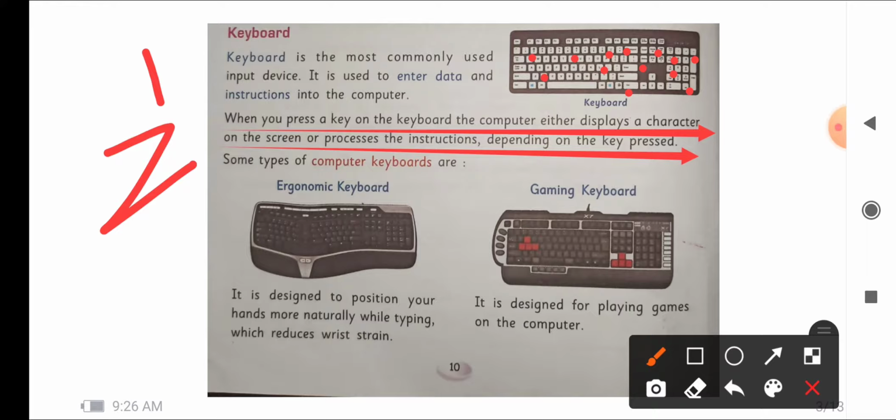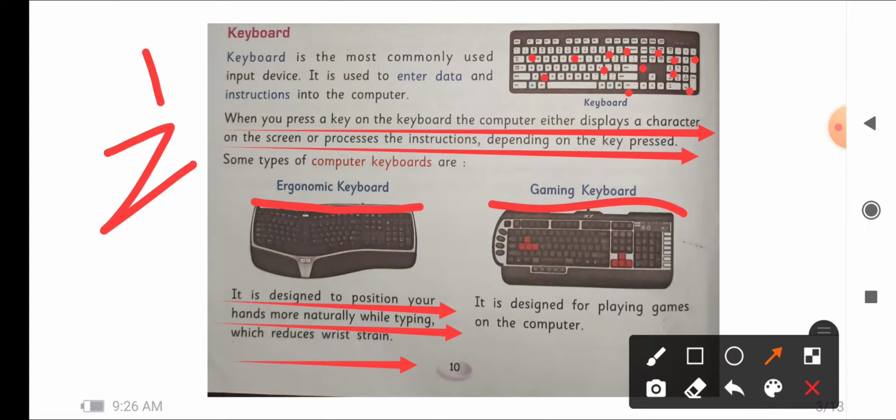Now there are two types of computer keyboards. The first one is the ergonomic keyboard and the next one is the gaming keyboard. The ergonomic keyboard is designed to position your hands more naturally while typing, which reduces wrist strain.